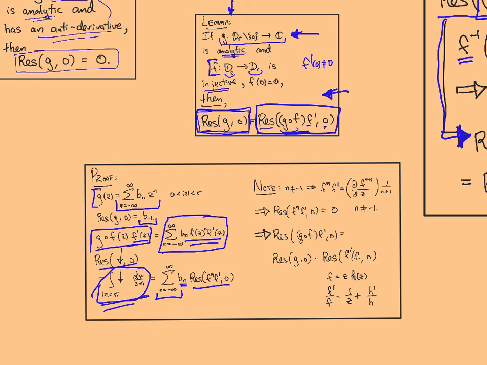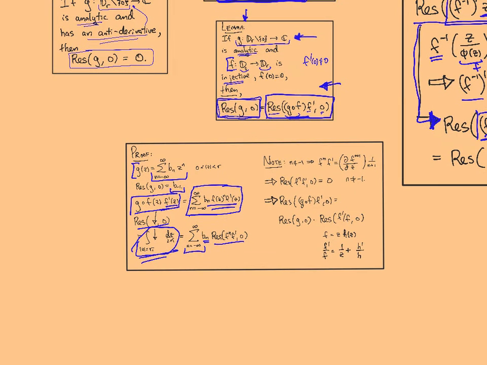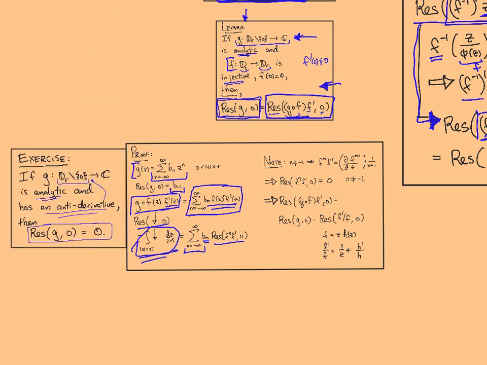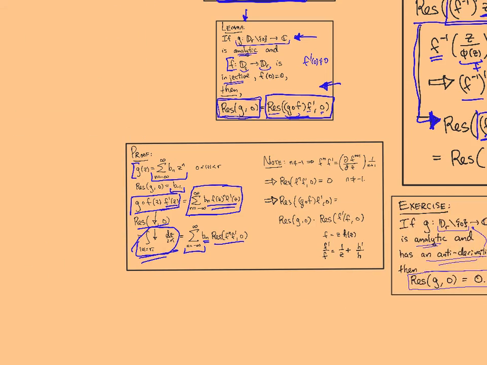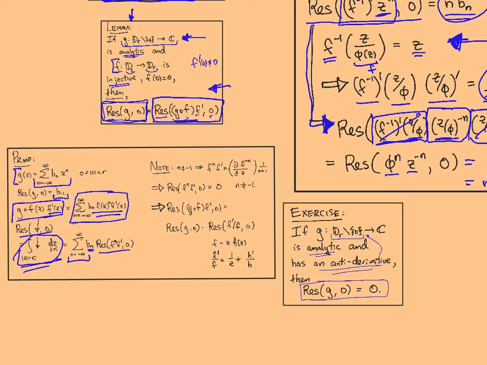Okay, and now is when I want to use this exercise. Let's put it over here. Most of these residues aren't going to do anything. In fact, all of them except one aren't going to do anything because f to the n f prime has an antiderivative when n is not minus 1.